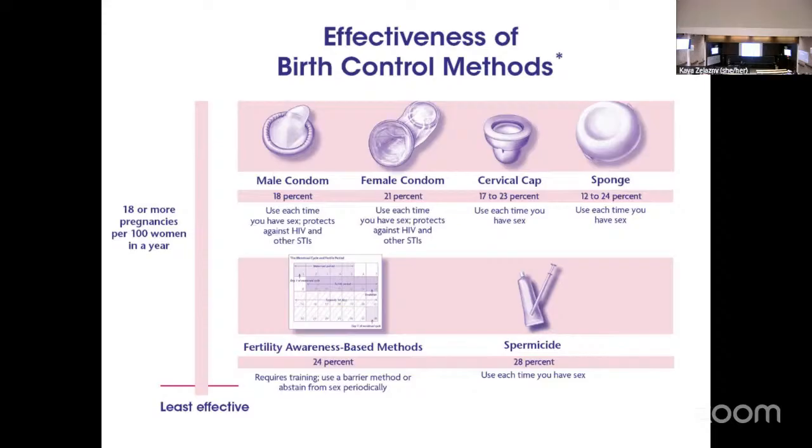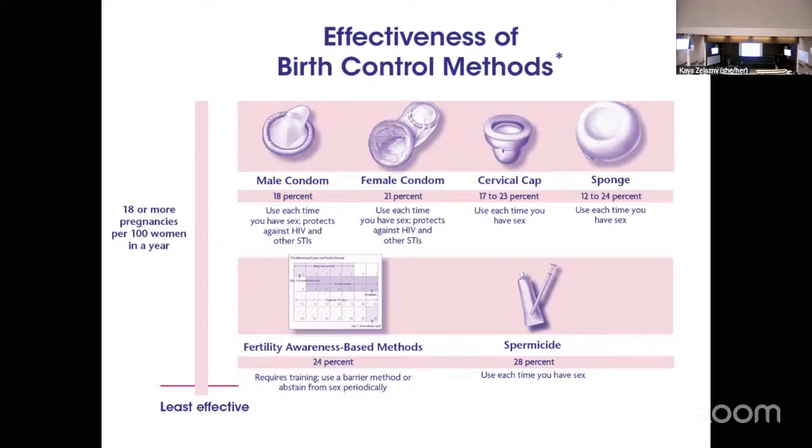However, we do see a pretty high error rate there because while we have nice textbook ideas of when ovulation should be happening, day 14, what you should see happening around that time, specific changes in cervical mucus as we're moving from our proliferative phase to our secretory phase in the uterine cycle.